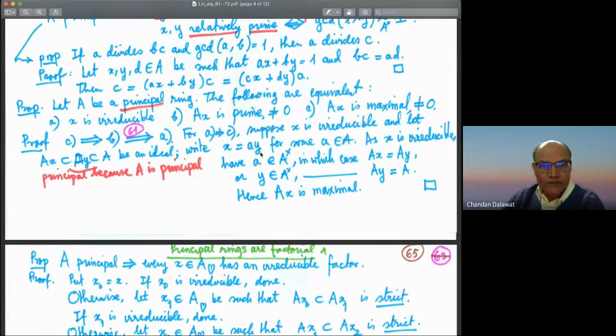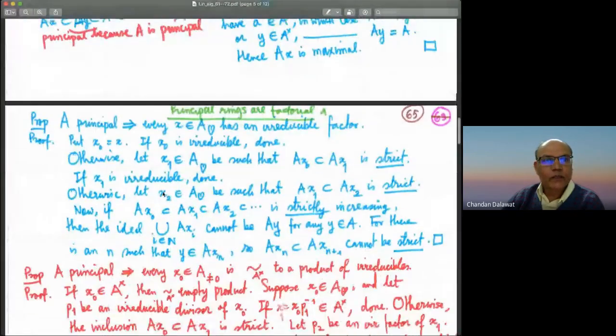If y is invertible, then your ideal is going to be the whole ring A. So we have seen that if some ideal is there between Ax and A, then it has to be either equal to Ax or equal to A, the whole of A, and therefore Ax is a maximal ideal. Okay.